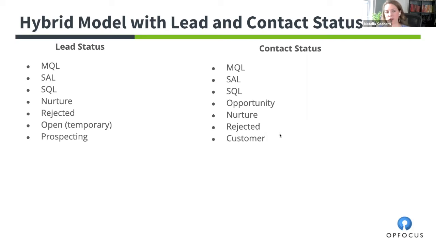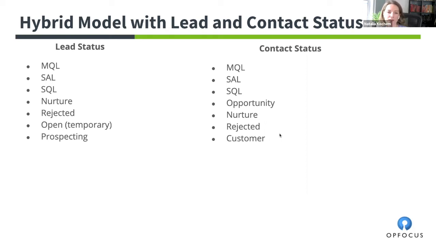We'll say if you're going to do a hybrid model, make sure to create a contact status field, have matching statuses, and add a few more statuses. So for example, if I am so heavily invested in reporting on people, I still want to report not necessarily at the account level, but off of contacts instead of accounts. Maybe I want to have a contact status of opportunity.